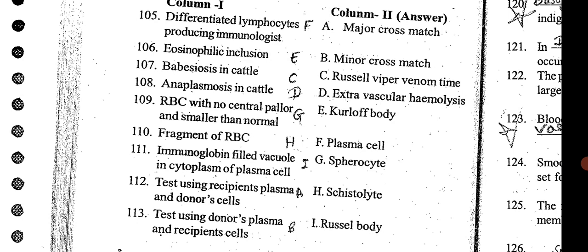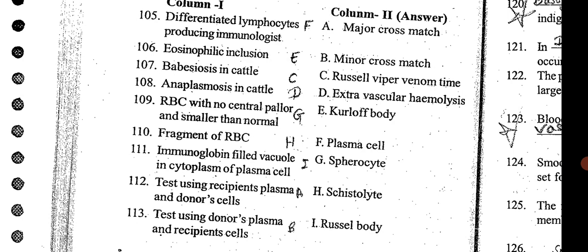Russell viper venom in actual is the venom of the Russell viper that has the ability to clot the blood, and it has been used in the medical field also to clot minor trauma where there is bleeding.